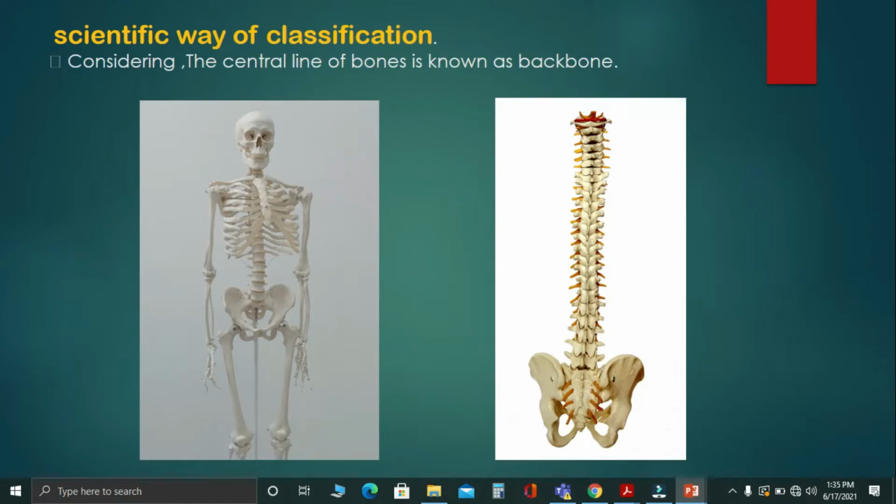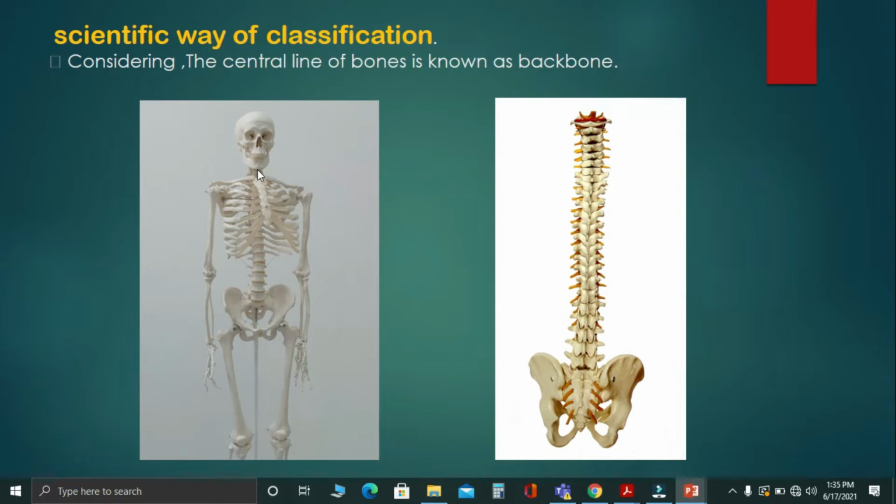But it is very important to classify animals according to scientific way. How do we classify animals according to scientific way? Observe this picture. You all know this is a skeletal system of the human.